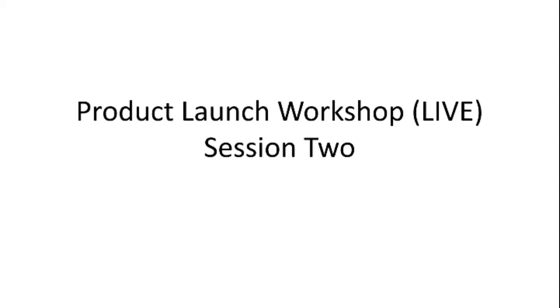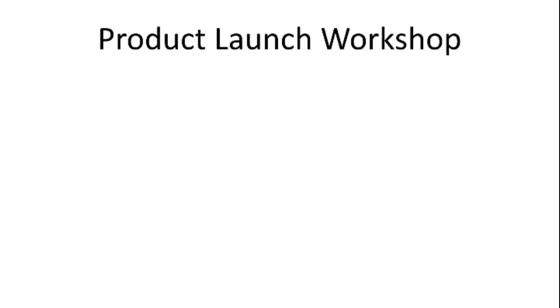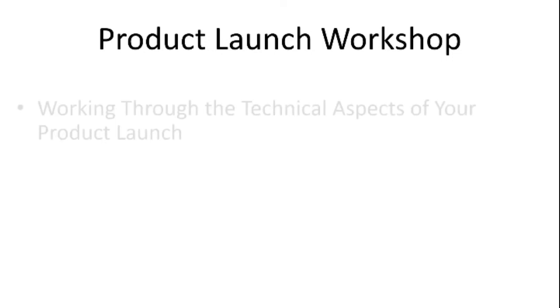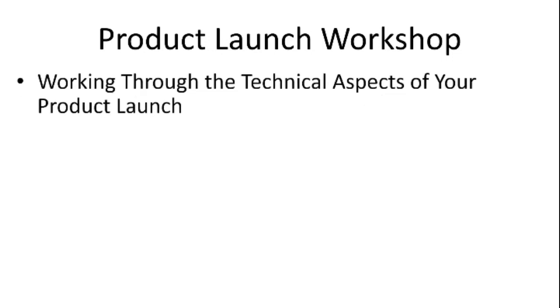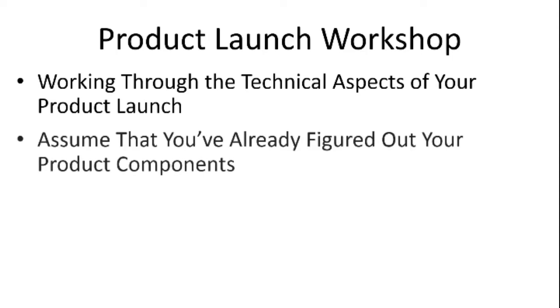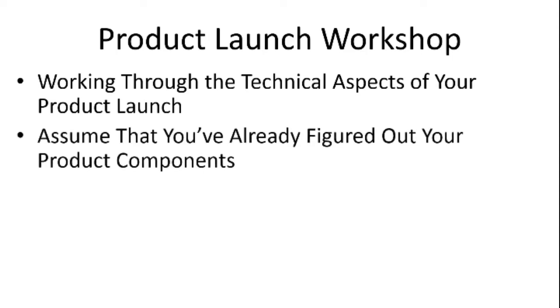So this is Product Launch Workshop Session 2. This is the live workshop, and what we're going to talk about is the same kind of a continuation of what we talked about last week. We're going to be working through the technical aspects of your product launch. And of course, we assume that you've already figured out what your product components are. So if you know you're going to be delivering a PDF or a series of PDFs or videos or a members area, we're going to assume that you already know that and that you are then ready to deliver that content.